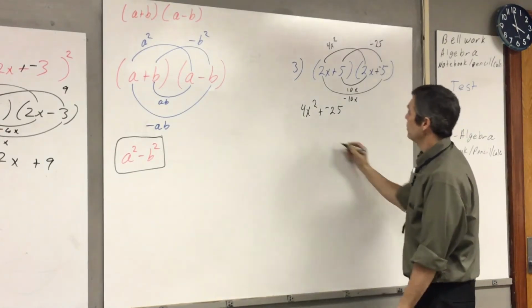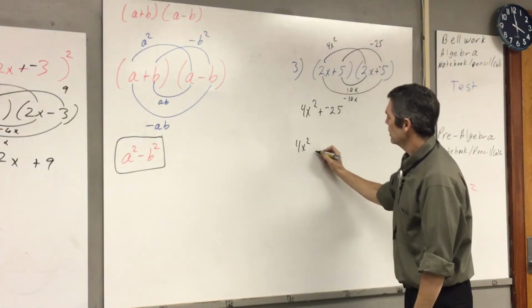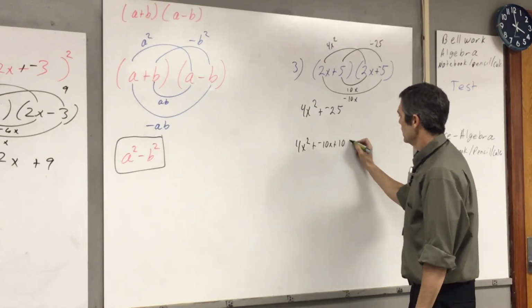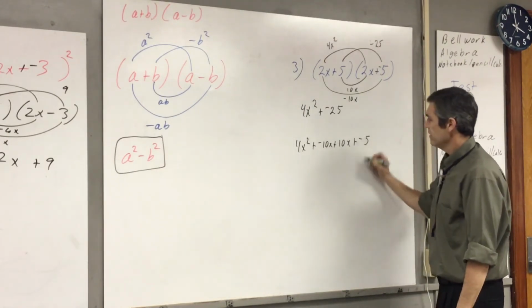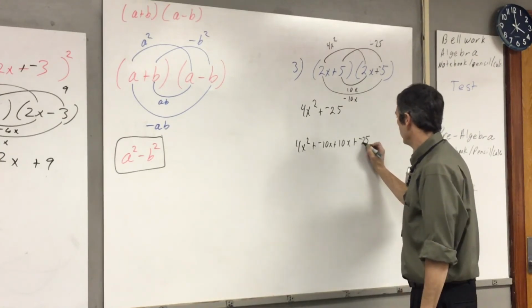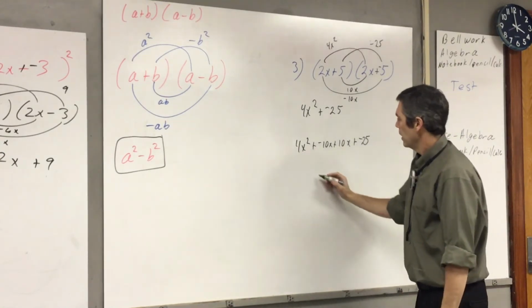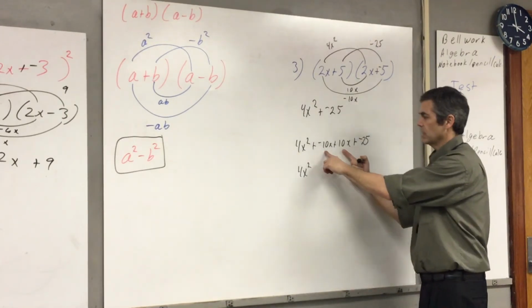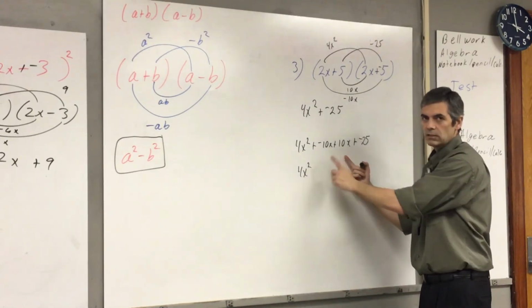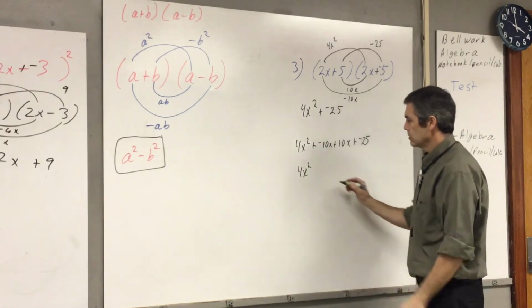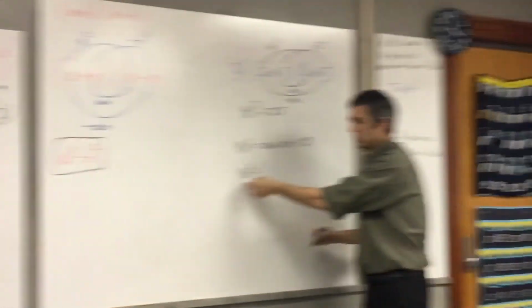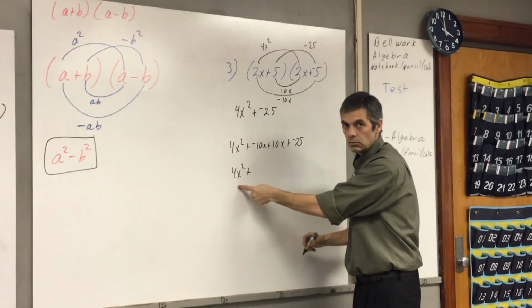All right, so what you end up with is 4x squared plus negative 10x plus 10x plus negative 25, wrong number, and then you combine like terms. Well, negative 10x plus 10x is 0x, 0 times x is 0, so plus 0, well, any number plus 0 gets you back the same number. That's what you're looking at there.